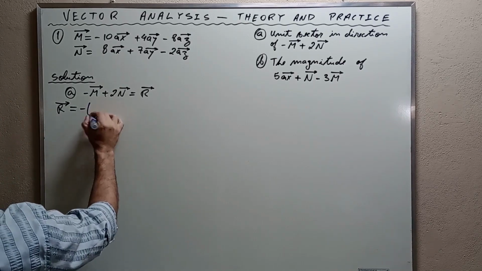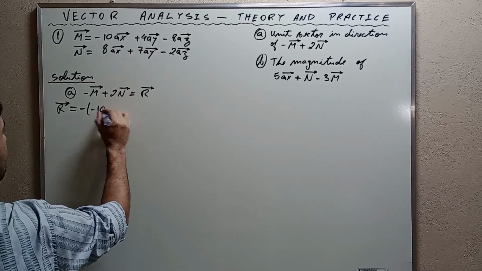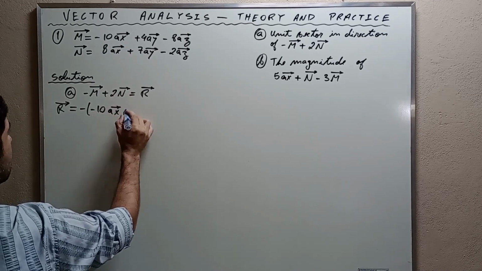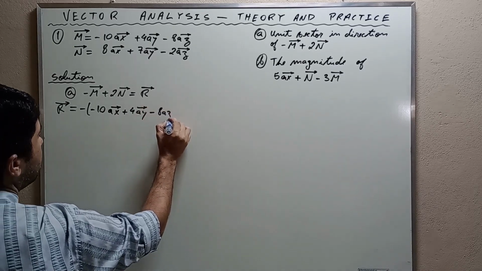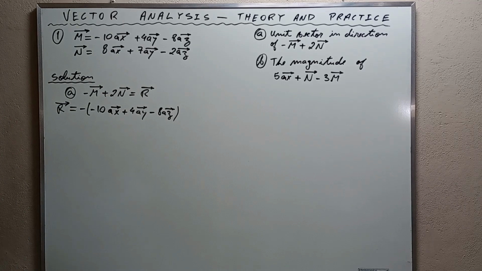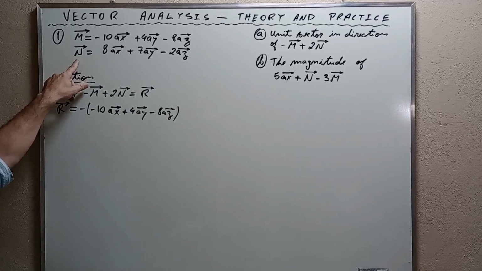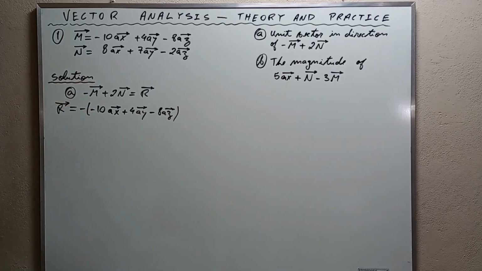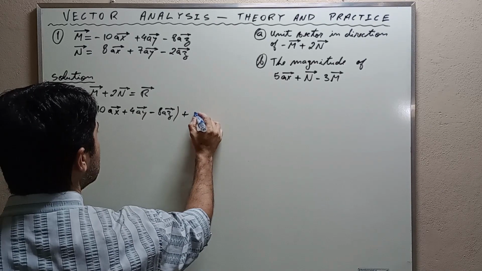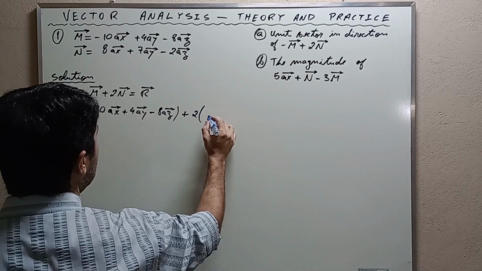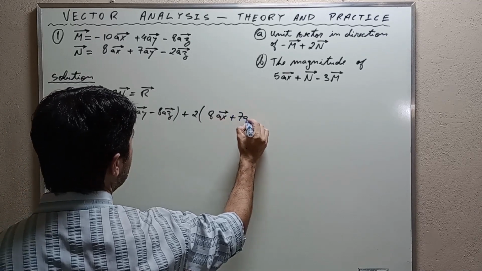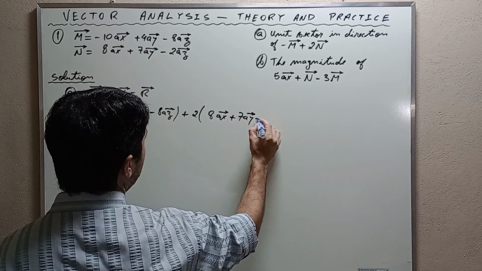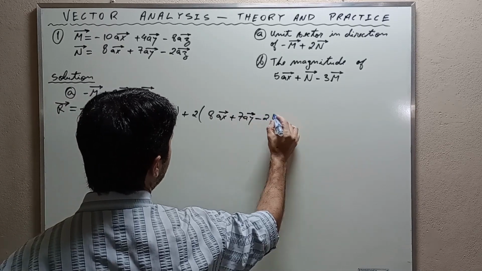We invert the sign of this, negative 10ax plus 4ay minus 8az, and we multiply n by 2 and sum n plus 2 times n, 8ax plus 7ay minus 2az. Okay?